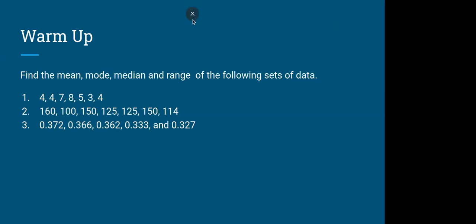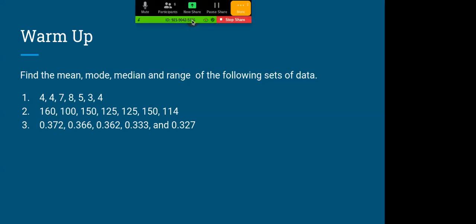Again, for the people who might be on their phone, the last data set is 372 thousandths. You hear that THS on the end. 366 thousandths, 362 thousandths, 333 thousandths, and 327 thousandths.